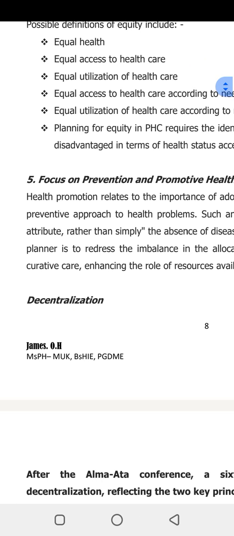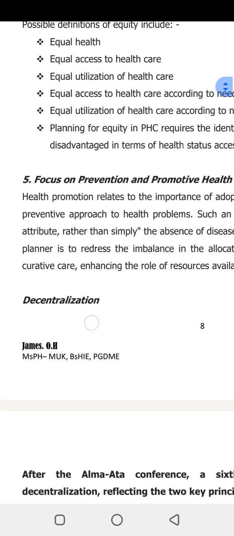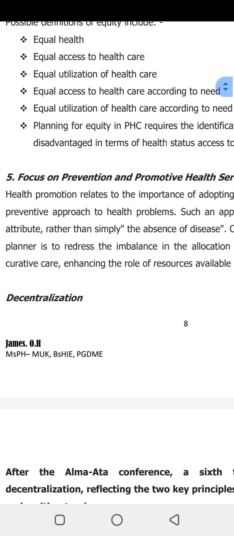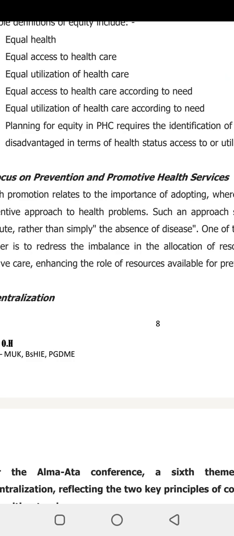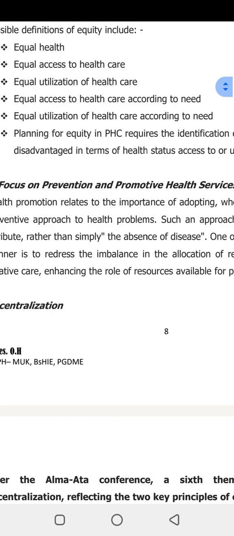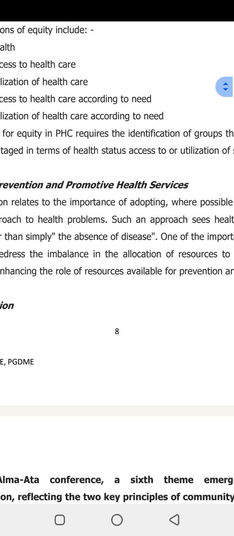Principle number 5. Focus on prevention and promotive health services.